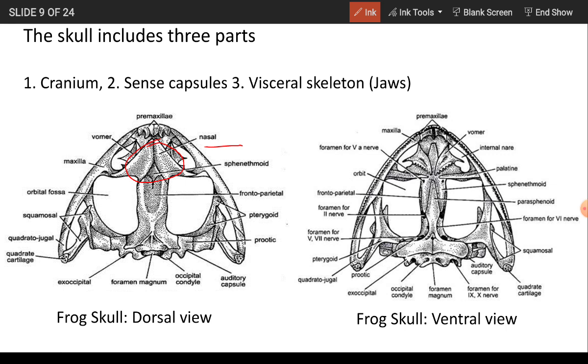The nasal bones actually extend anteriorly and reach up to the premaxilla of the upper jaw and partly form the boundary of the external nares.